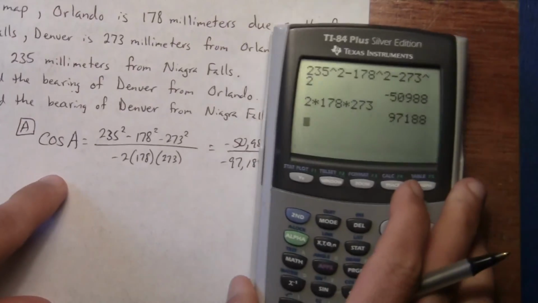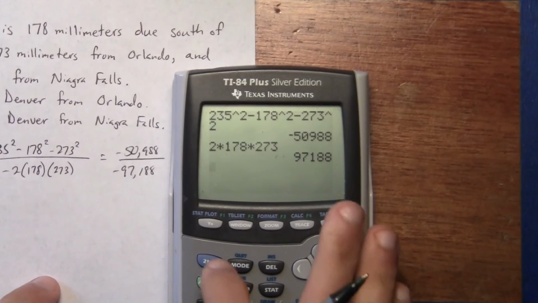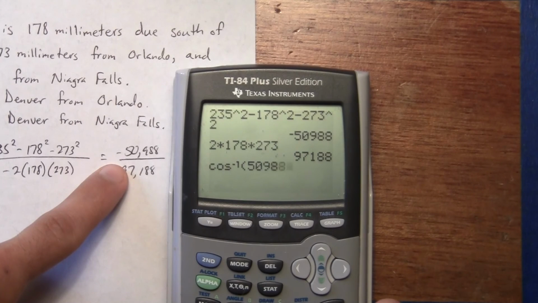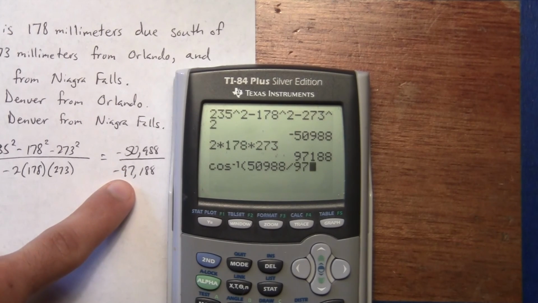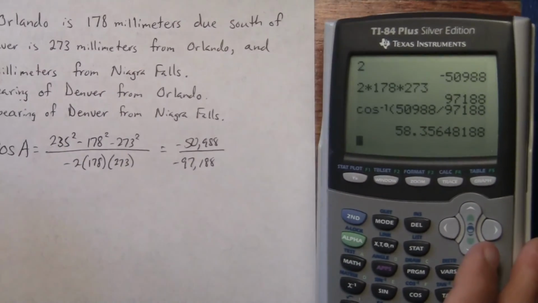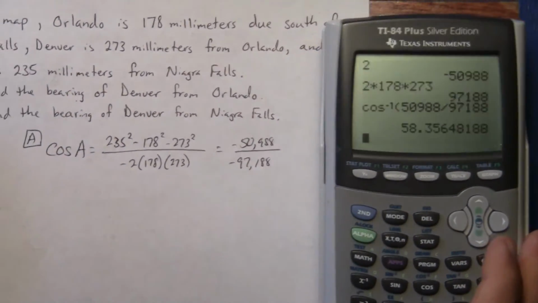And again, I'm looking for an angle, so I'm going to type in the cosine inverse of 50,988 divided by 97,188. Hit enter, and it tells me that it's 58 point, let's round that to 4 degrees.